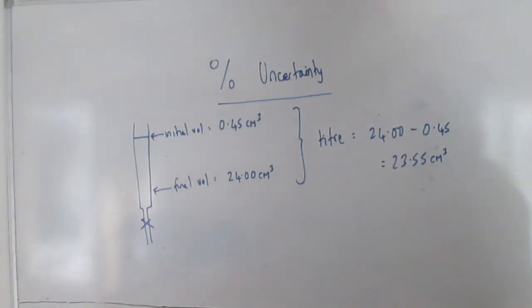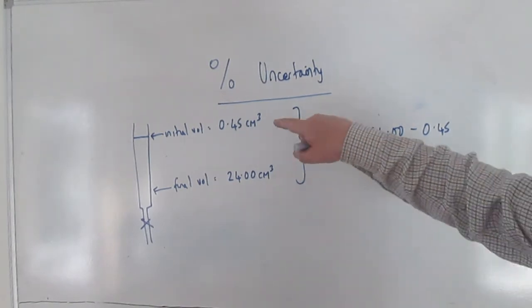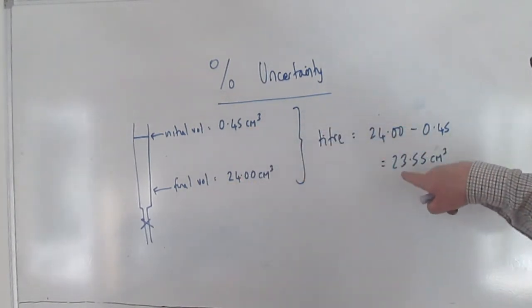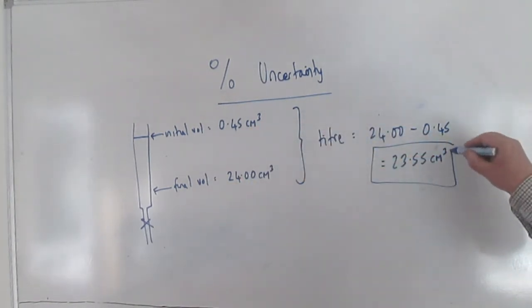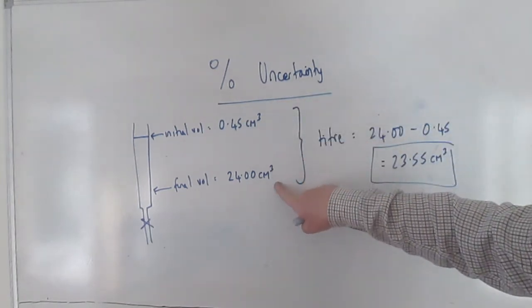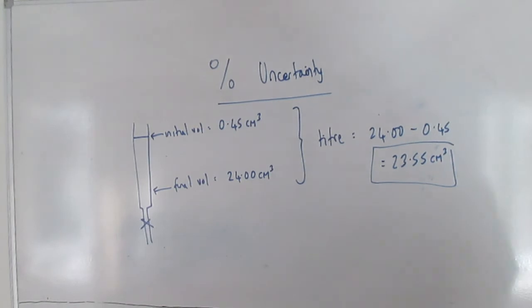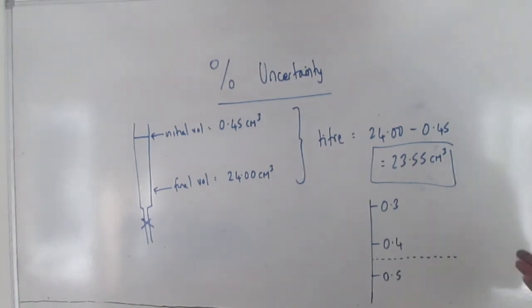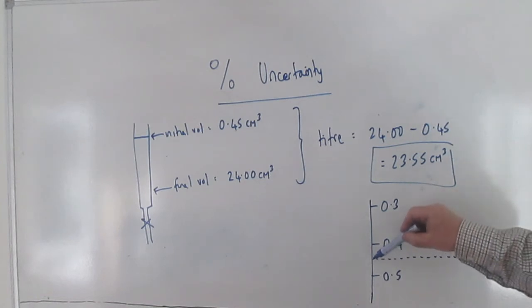But the complication is, if we're thinking about percentage uncertainty, that in order to get this number, you had to read the burette twice. First at the beginning and then again at the end, and each one of those readings will have an uncertainty associated with it. So if we think about how a burette works, each time you make a reading there's an uncertainty. So this initial one we've listed as 0.45 cm cubed.